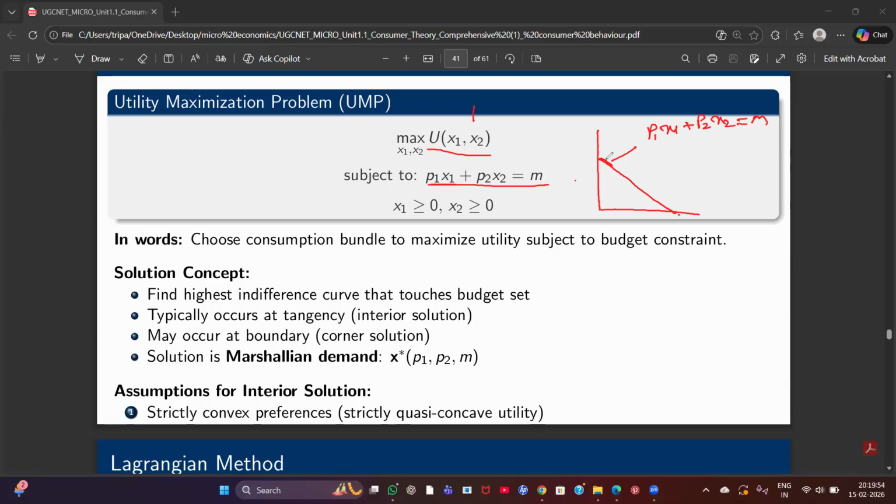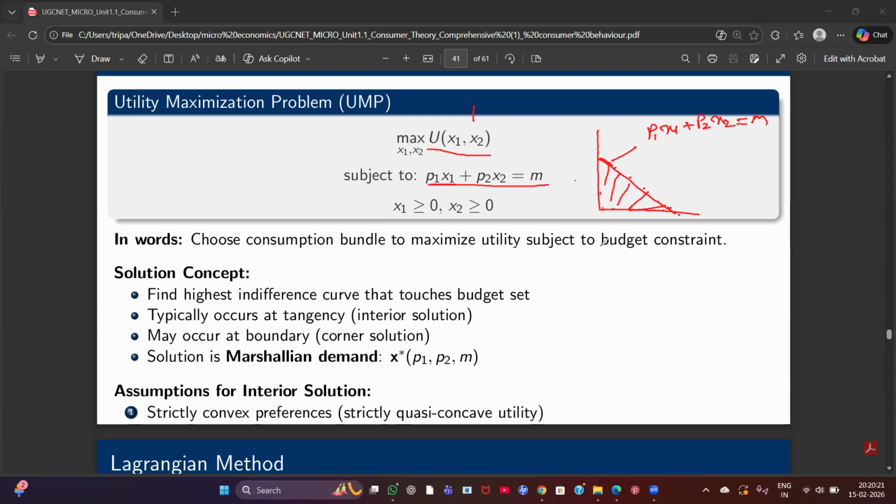The consumer has to be either on this line or below this line, on this triangle or within this triangle. The expenditure in this area, P1 into x1 plus P2 x2, will be less than or at most equal to M. This is my constraint area. The consumer can move within this triangle range.